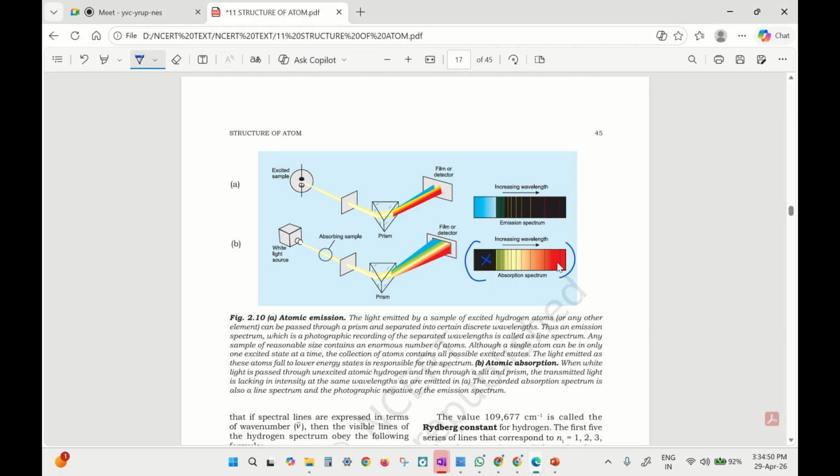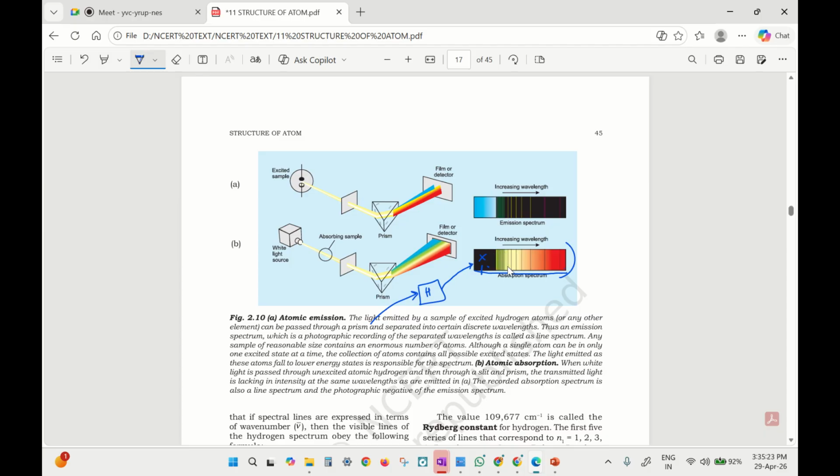When the hydrogen atoms were irradiated with continuous spectrum, something came out immediately. When we arranged it by frequency values, there was no radiation present in this part. Wherever there are black lines, the corresponding electromagnetic radiations were missing.